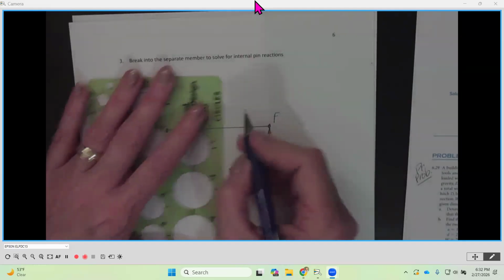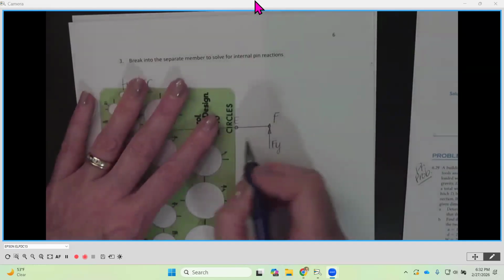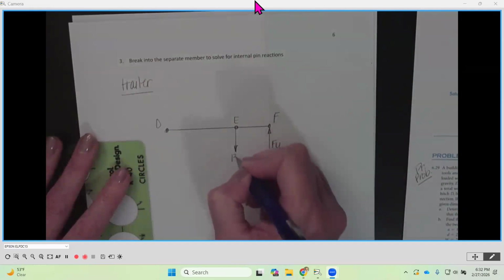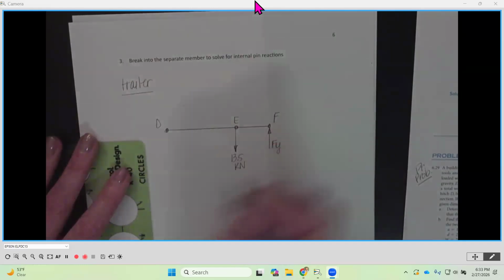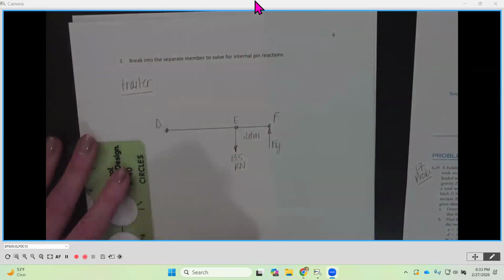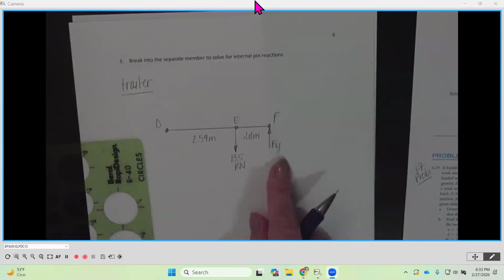And then I know that at E, I have the 13.5 kilonewtons going down. I know this is 0.61 meters, and I know that this is 2.59 meters. Okay, so these are my external loads, the weight and the reaction at that wheel.